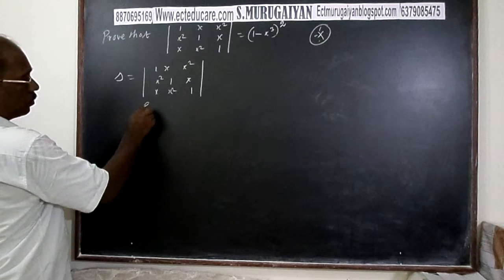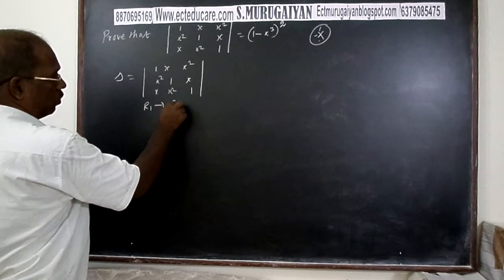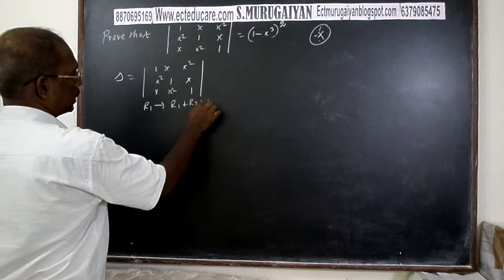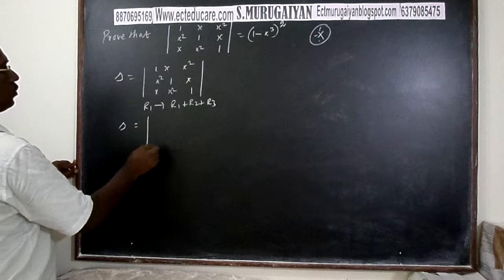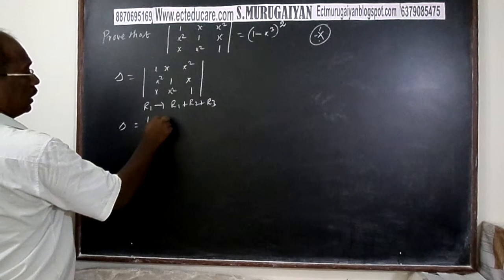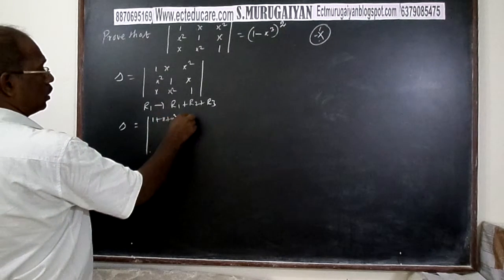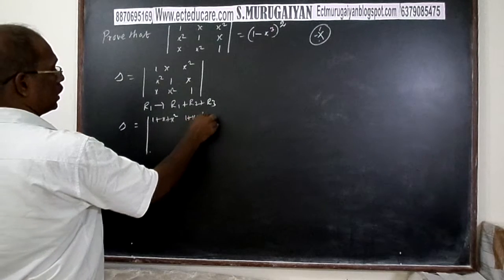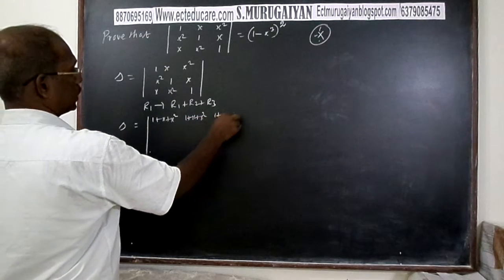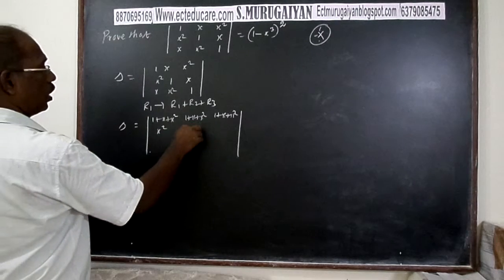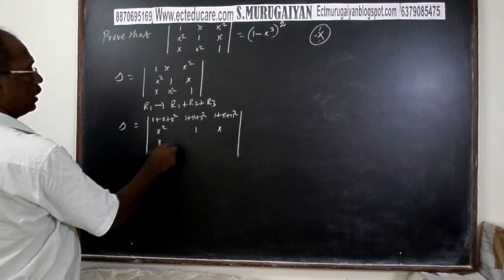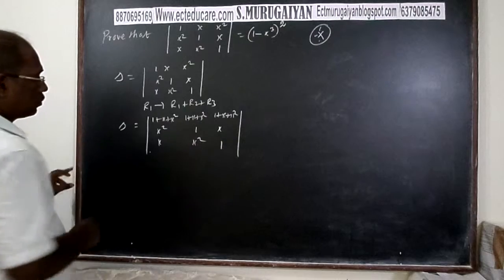So we can do R1 is R1 plus R2 plus R3, then delta equal to the determinant with first row 1 plus x plus x square, 1 plus x plus x square, 1 plus x plus x square, then x, x square, 1 and x square, 1, x.